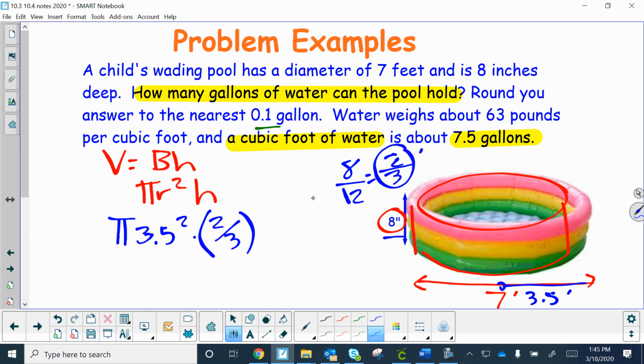So pi times 3.5 squared times 2/3 is about, and I'm just going to go ahead and give the decimal because we're going to use an estimate. When I put that all in a calculator, we get about 25.656 cubic feet. So that's how much volume is in that little pool.